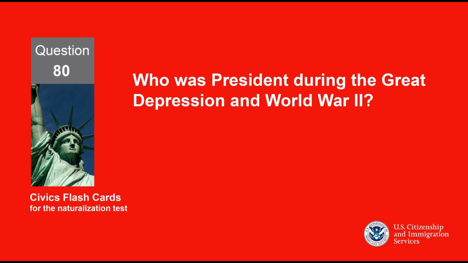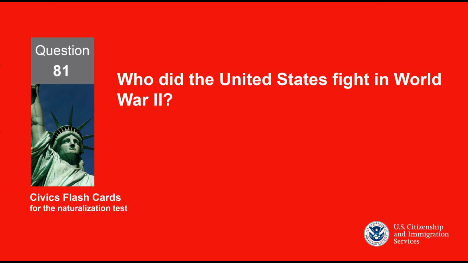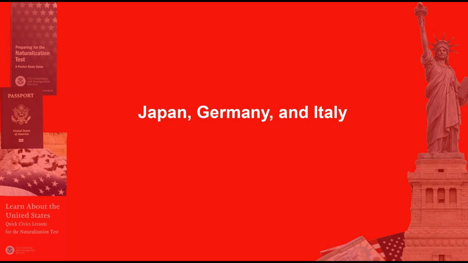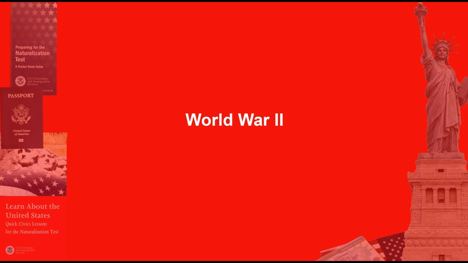Who was president during the Great Depression and World War II? Franklin Roosevelt. Who did the United States fight in World War II? Japan, Germany, and Italy. Before he was president, Eisenhower was a general. What war was he in? World War II.